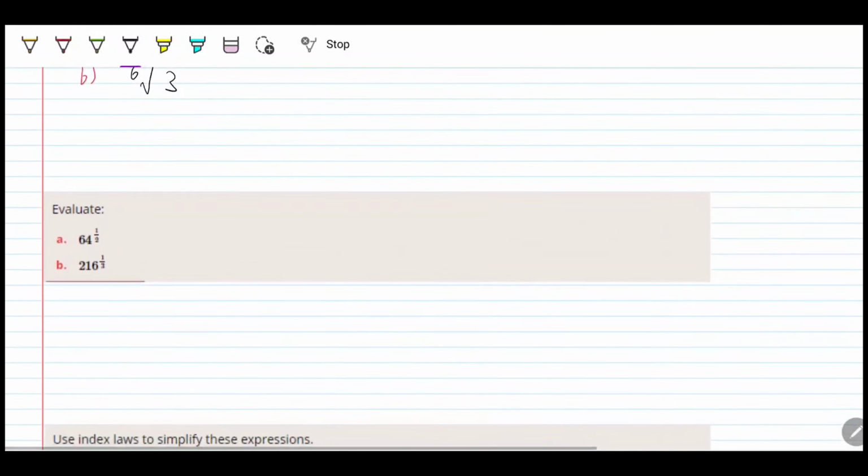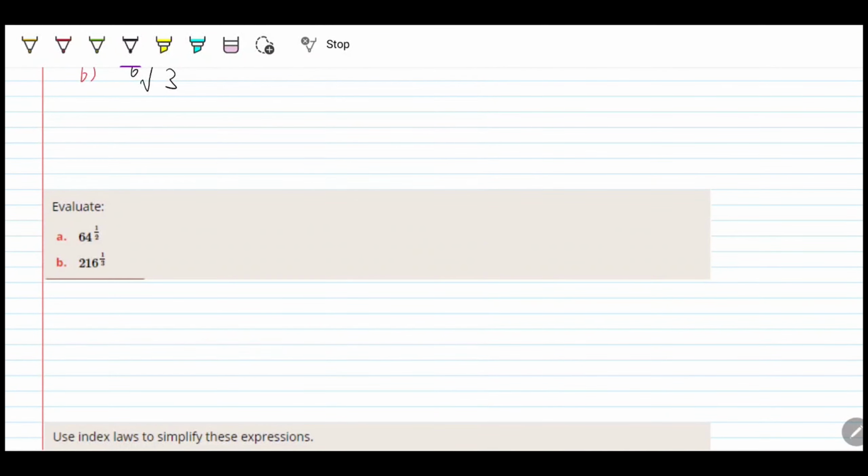Okay, let's try a few others. Evaluate 64 to the power of half. We would remember that this is the same thing as saying the square root of 64. So we need to ask ourselves what number times itself 2 times will give us 64, and the answer will be 8.